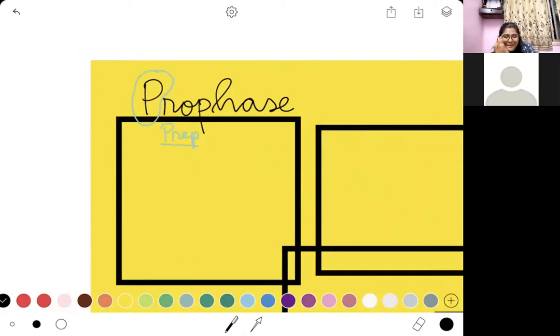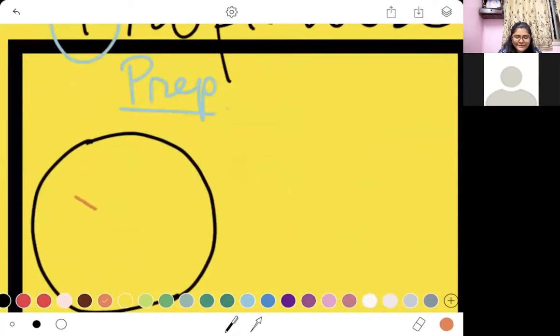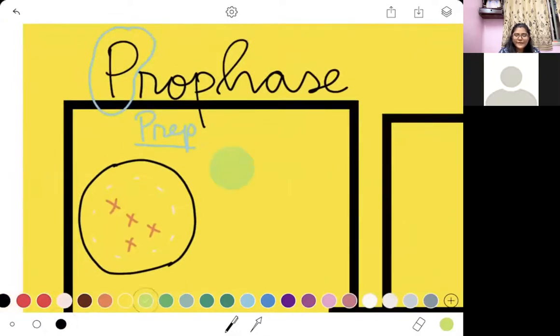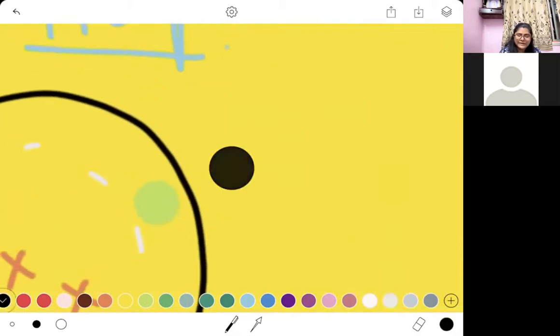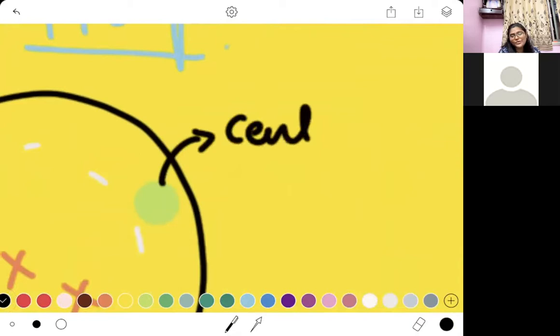The nuclear membrane has completed its particular disappearance act. So now you are going to have all of those sister chromatids present over here, and your nuclear membrane has definitely gone away. At this particular point of time you are going to see the formation and more prominent appearance of these two tiny structures in your cell. These are called your centrosomes.